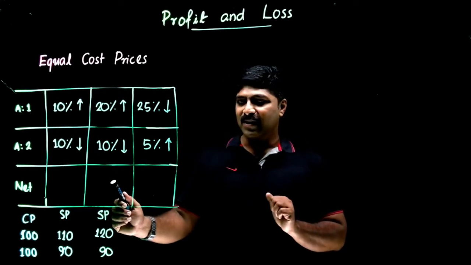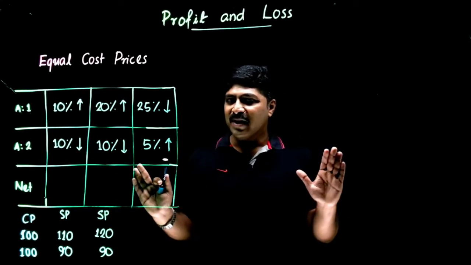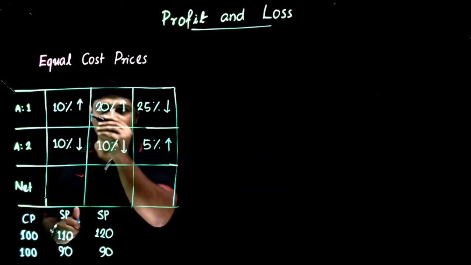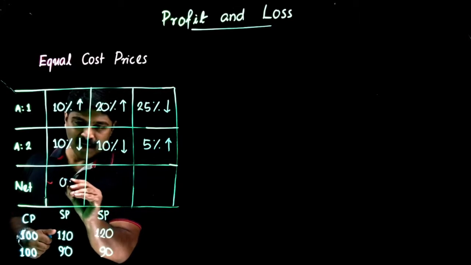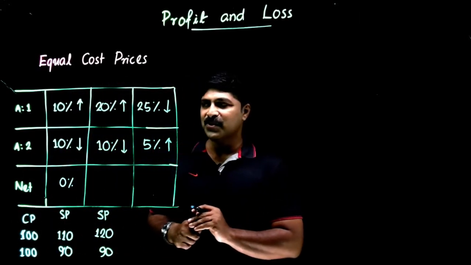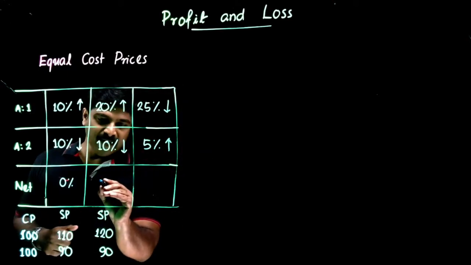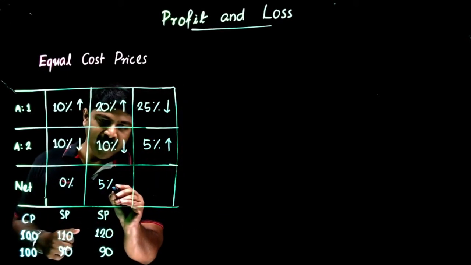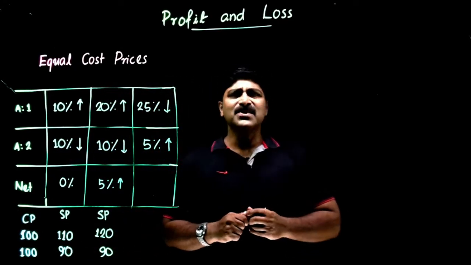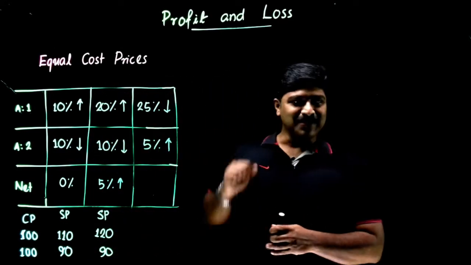So here we can conclude the percentage of profit is 5%. So we can write both the results here. The first transaction won't make any profit or loss, therefore we can write that as 0%. And the second transaction made a net profit of 5%. Just observe these two results.